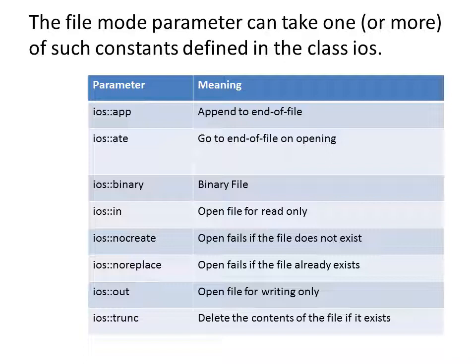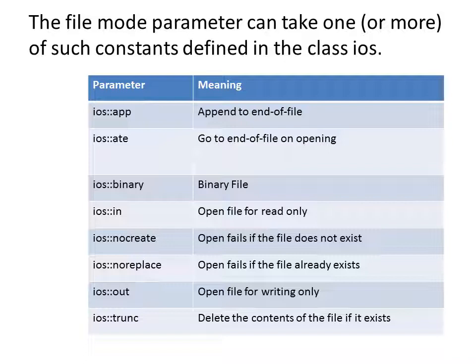All these parameters belong to the ios class, so ios double colon, then the parameter name. In this list you can find ios in, which will open the file for read only, and ios out, which will open the file for writing only. These are the two default values.